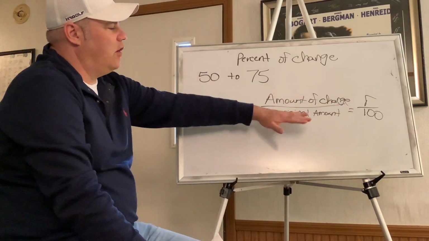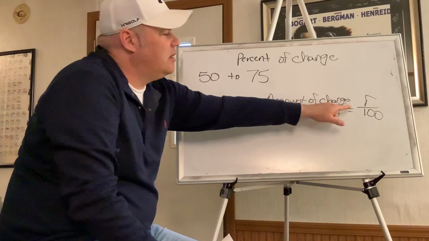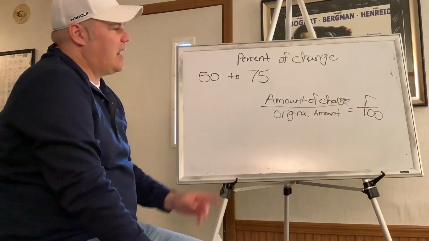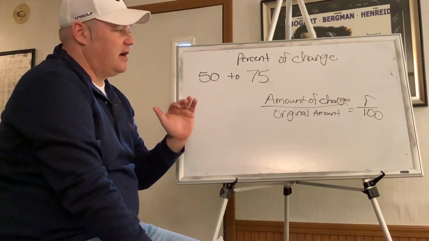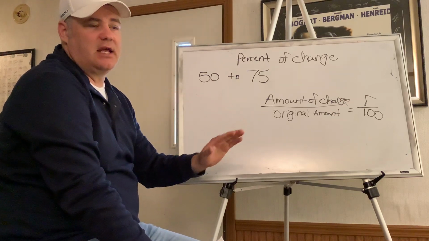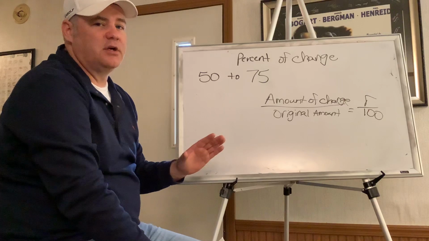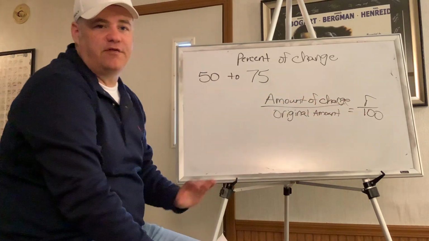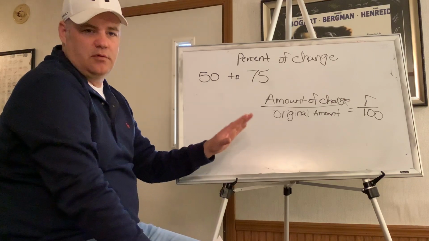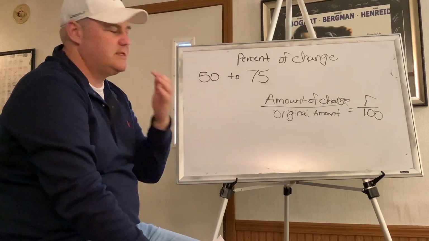Amount of change over original amount equal to R over 100. Now, what that R over 100 is going to do is going to make it, at the very end, a percent. So this is not going to be one that when we're done, we got to move the decimal. This is going to turn it into a percent for us. Okay, so I'll do one, and we'll do this one, and you can see.